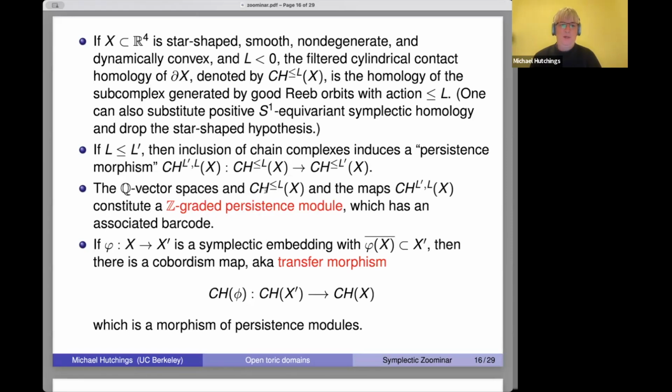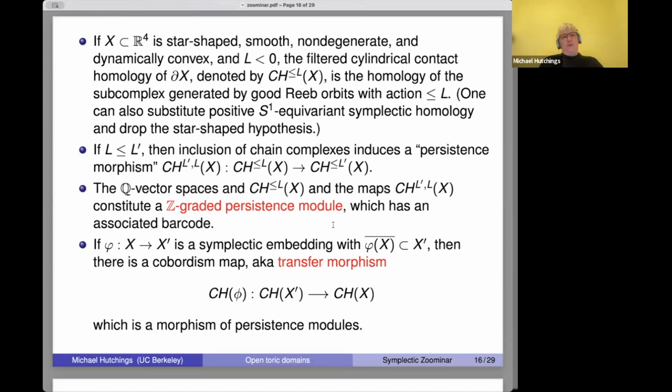So you want to assume that these vector spaces are finite dimensional and that there are only finitely many values of L where this map between nearby values of L is not an isomorphism. And from that, you can make a barcode. I'll show you an example later.